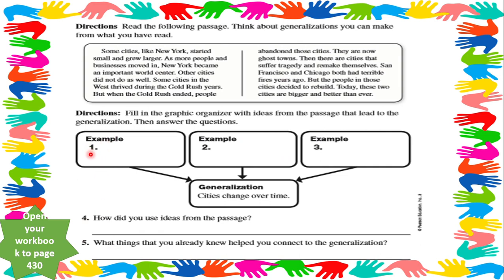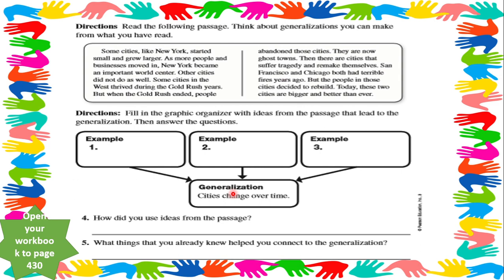Example 1. What is example 1 if the generalization is that cities change over time? They said that the generalization is that cities, okay, change over time. What is the first example that supports this generalization? Or what is the generalization supported with?